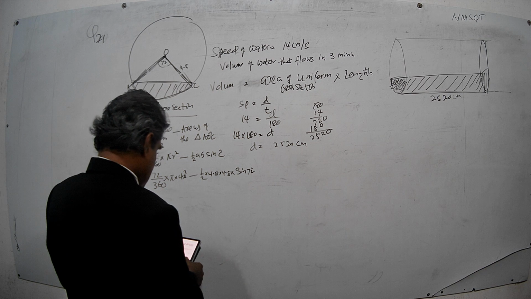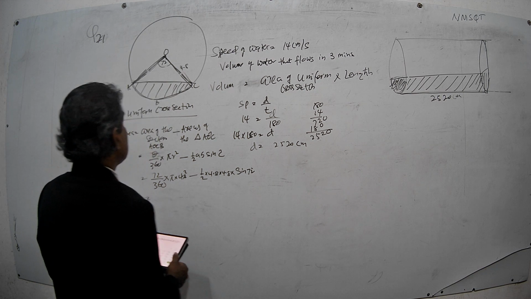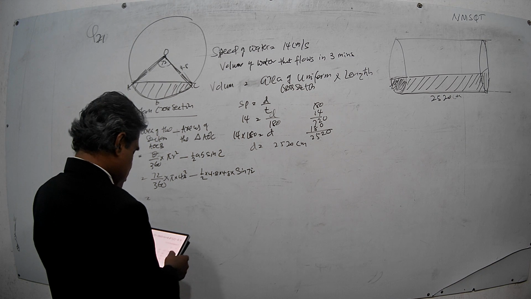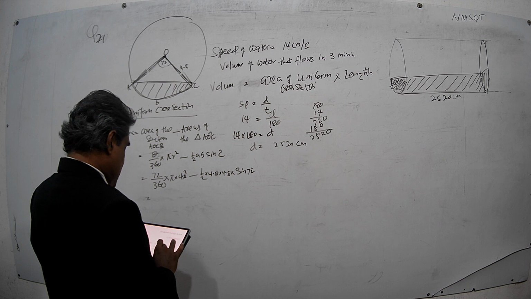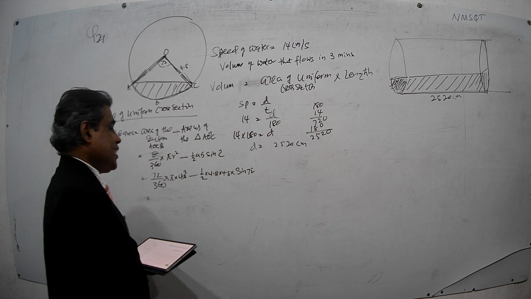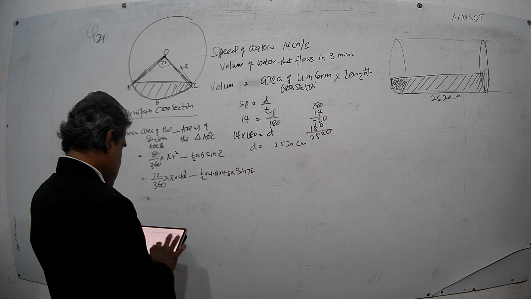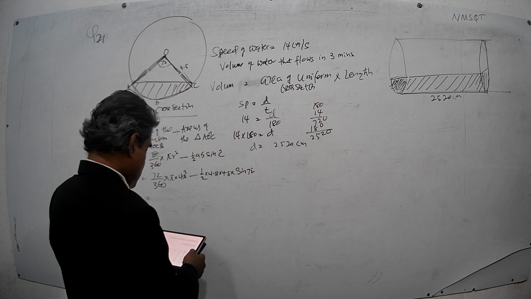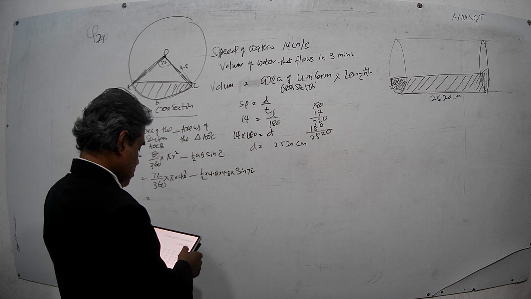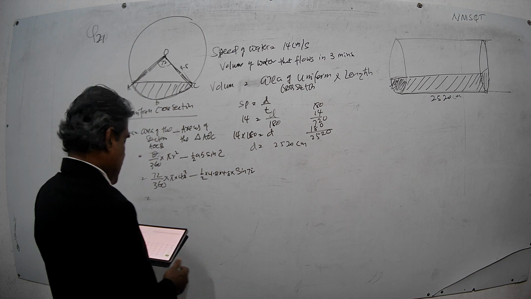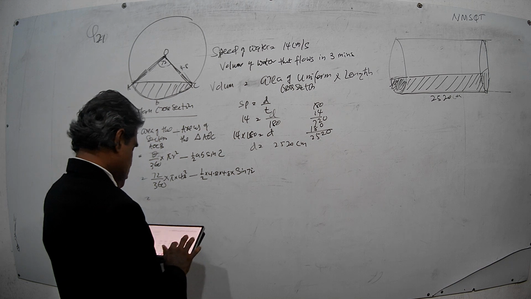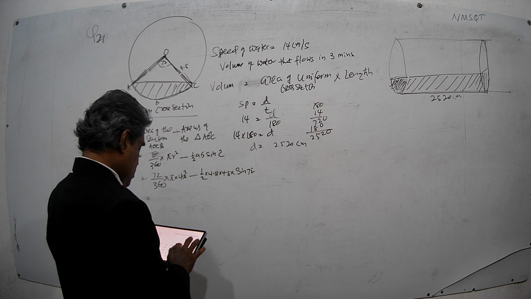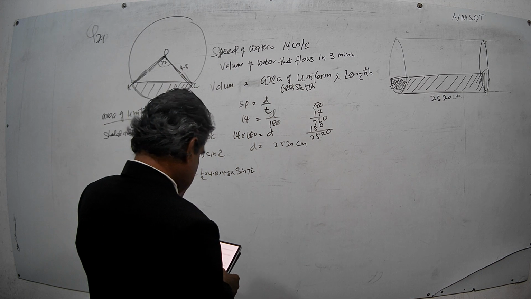Then minus the area of the triangle, that is half into 4.8 into 4.8, I can put 4.8 squared, and into sine 72. So this is the uniform area.